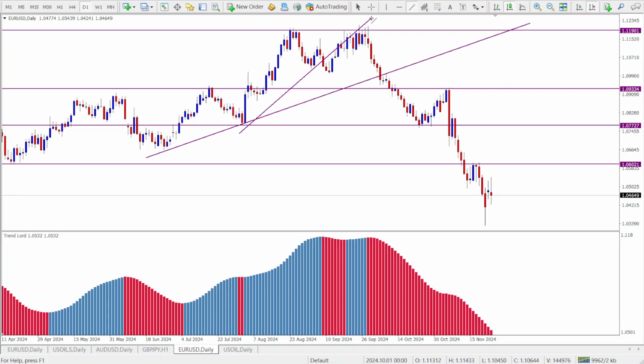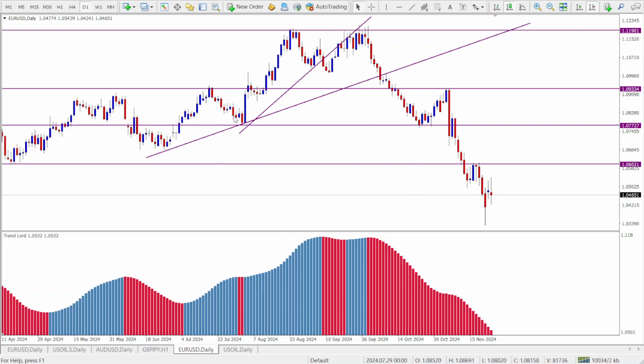The bullish move is valid. It shows that the bullish trend is still ongoing. But when you have a sudden change of color from blue to red, it's time to exit your buy trade. I'm going to recommend using this indicator only in trending markets.